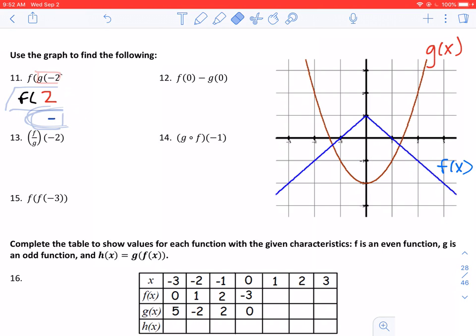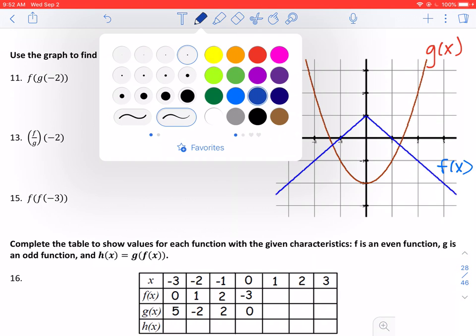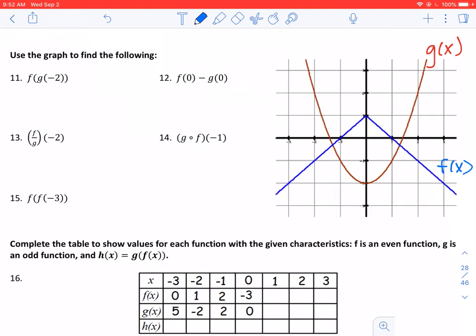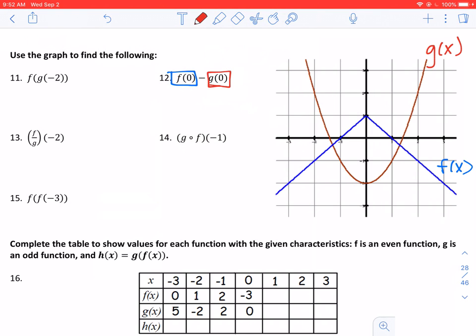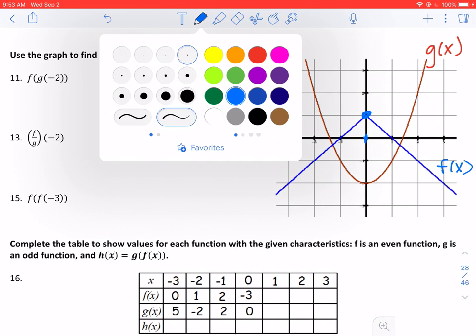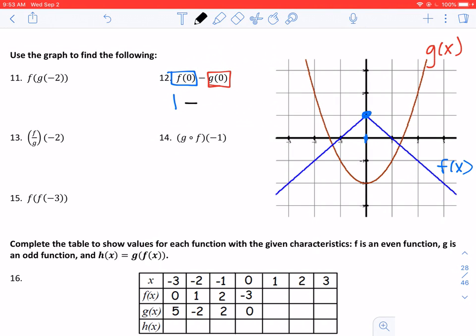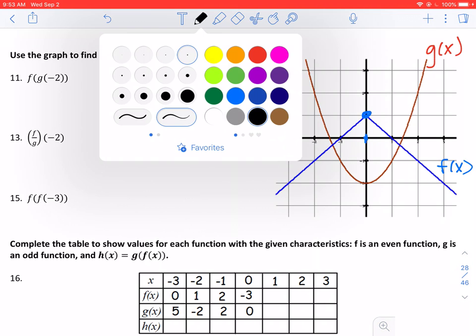Okay. Let's look at 12. So 12 is going to ask us to find f of 0 minus g of 0. So let's find f of 0 first. When x is 0, so that's right here, y is 1 on the f function. What about g of 0?